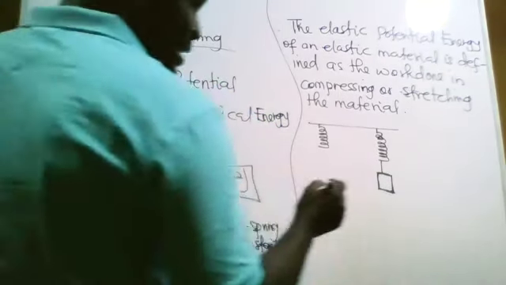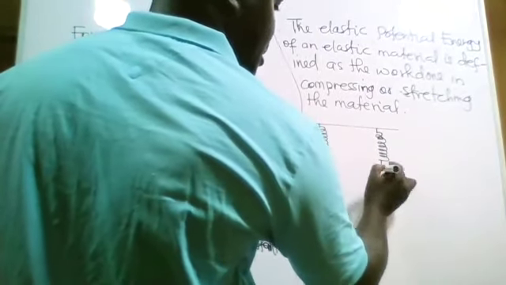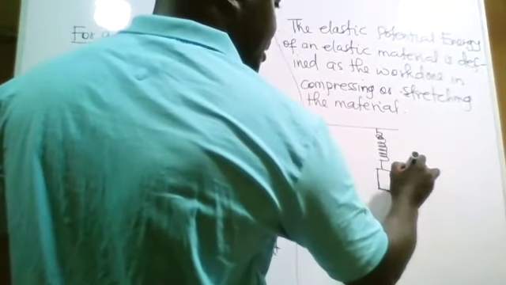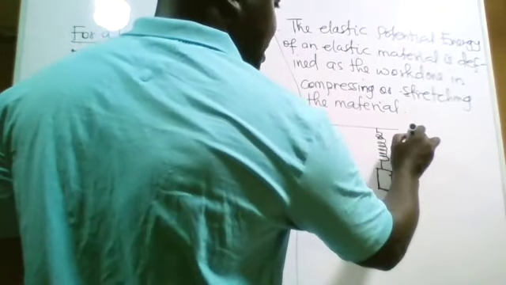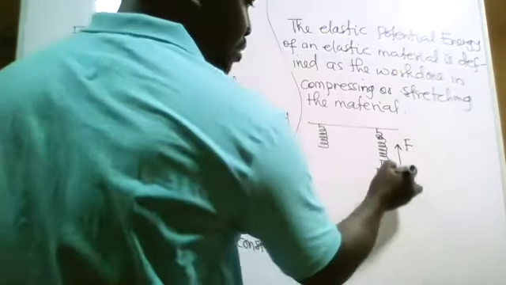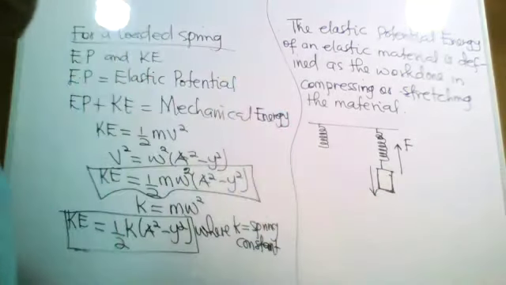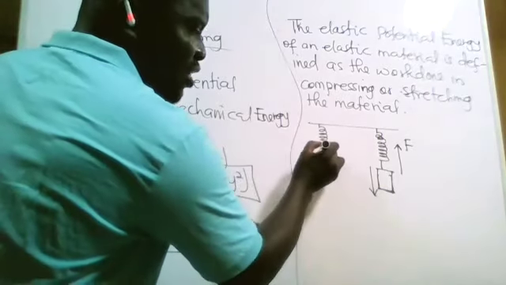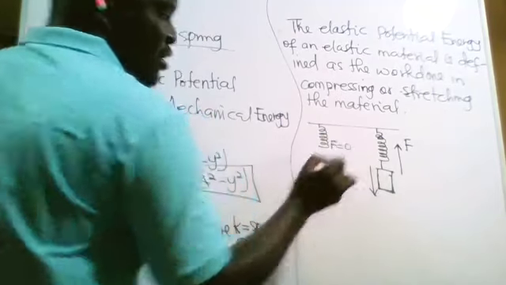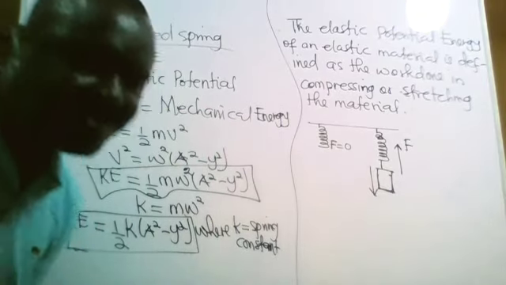Now, when loaded, the restoring force acting on the material is F and acts opposite to the extension. So F is the restoring force because the extension is downwards. When unloaded, the restoring force acting on it is 0 because there's no load, and so there's no restoring force, right?